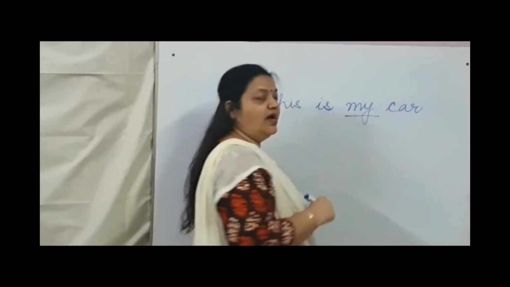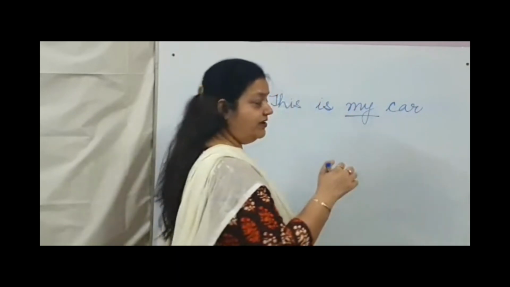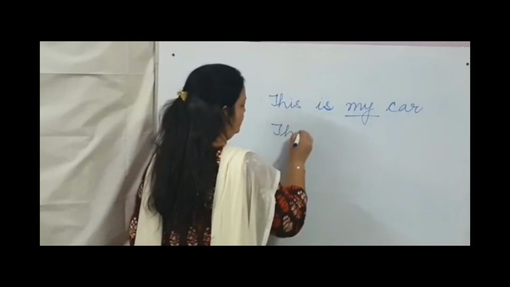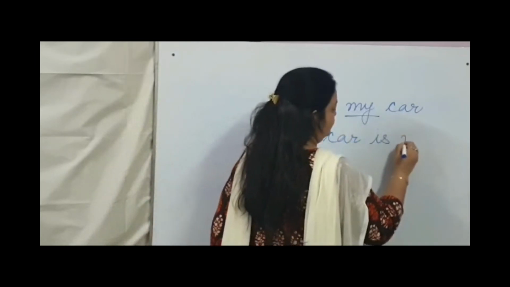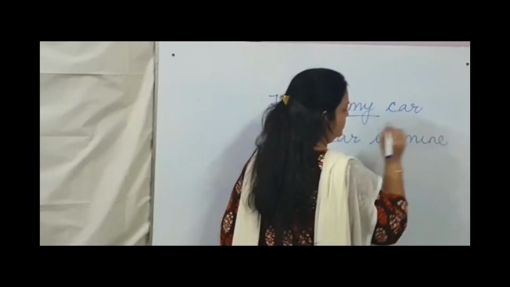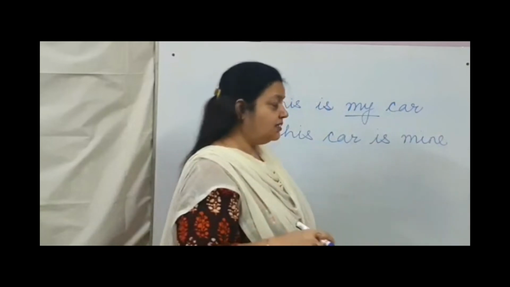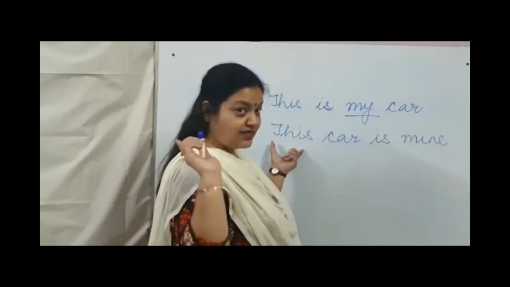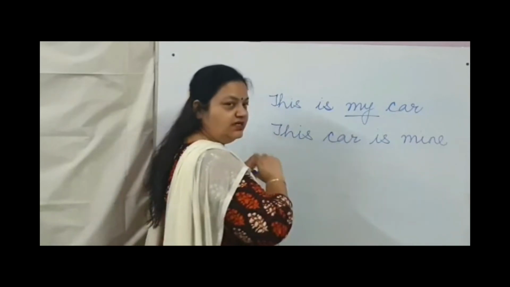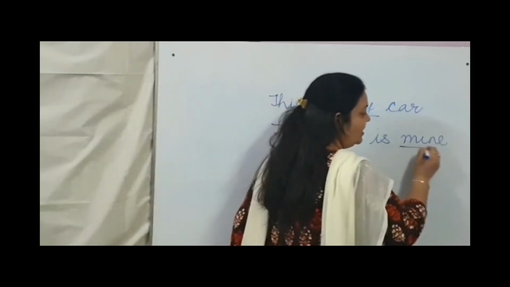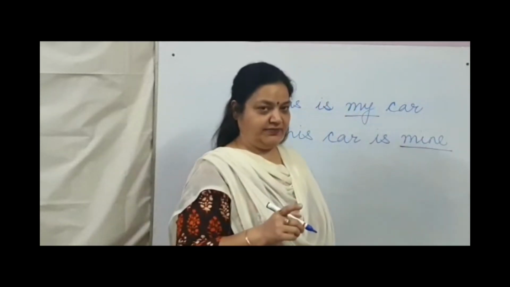So here, my is a determiner. In other words, if I write this car is mine. Now here, this becomes a determiner, as I explained in demonstrative determiners just now. So this becomes a determiner, and mine is the pronoun.